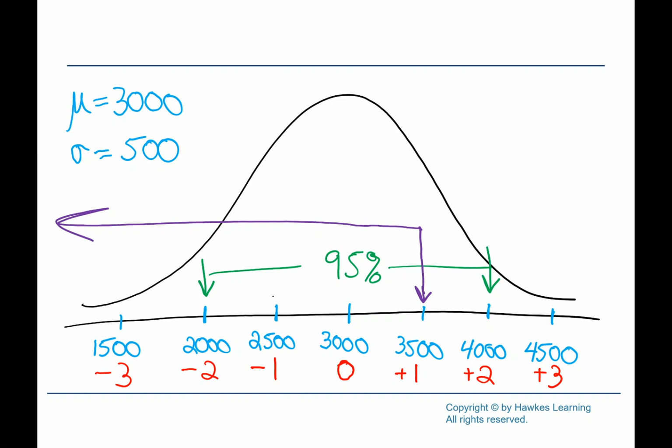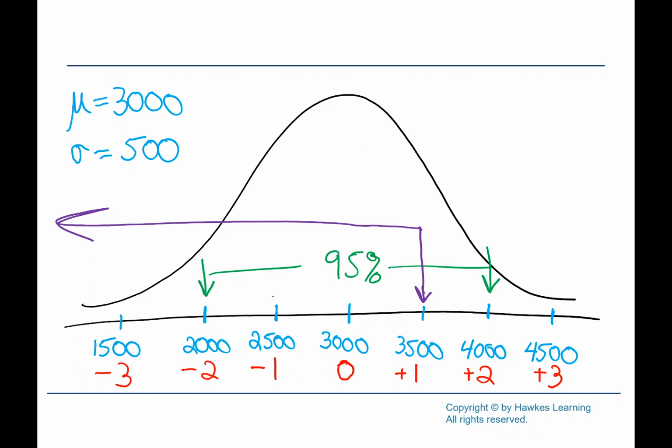What's our missing piece of information? Well, we got to go back a chapter. What shape would we call this bell-shaped distribution out of our 4 shapes? Remember? Symmetric. It's symmetric.